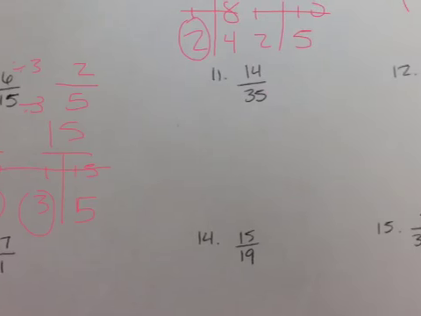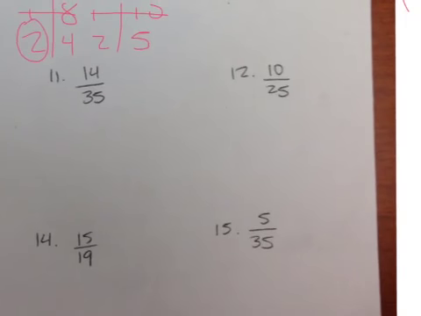Looking at number 11. Again, we do the factors. So we have 1 and 14, 2 and 7. And then we have 35. We have 1 and 35, and 5 times 7.